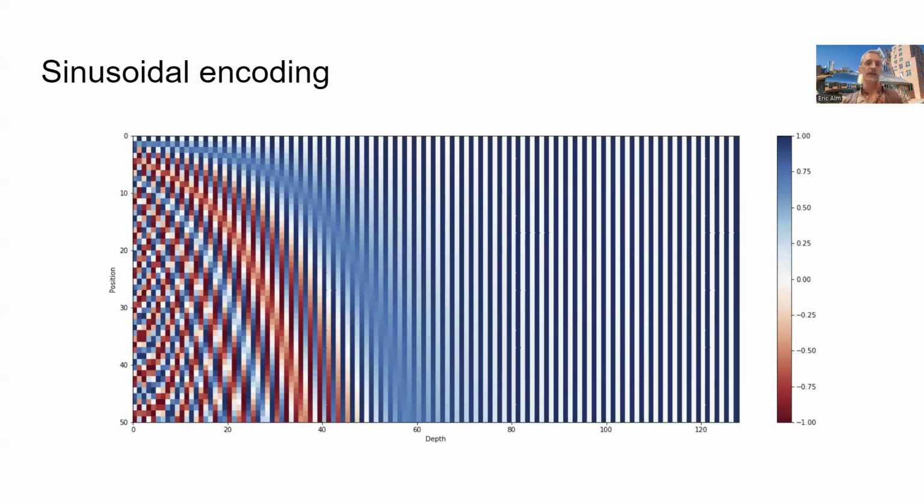This is what it looks like if we were to plot them out, for a 50 residue protein. The vector that you see at the top, 0, 1, 0, 1, 0, 1, would be added to the embedding of the first amino acid in the sequence, and so on and so forth. And you can see it's a very different vector that's being added for the 50th.